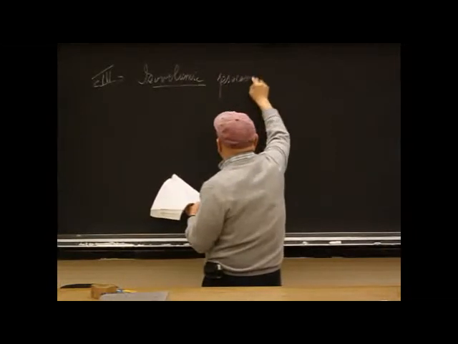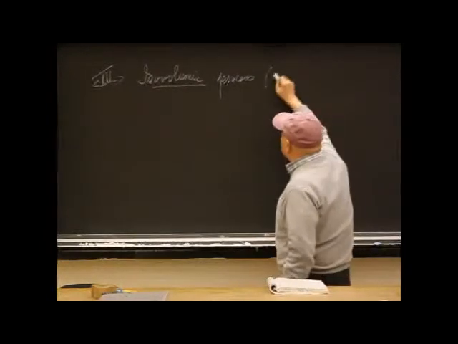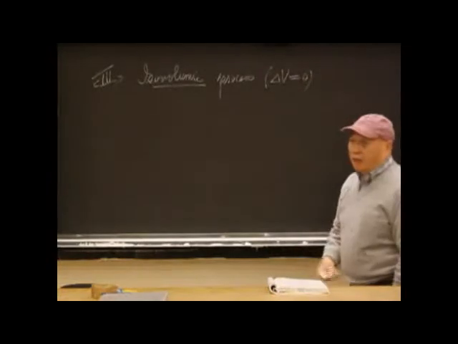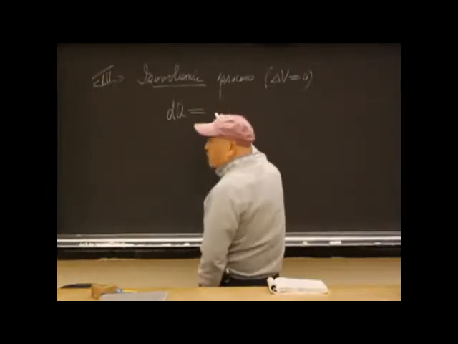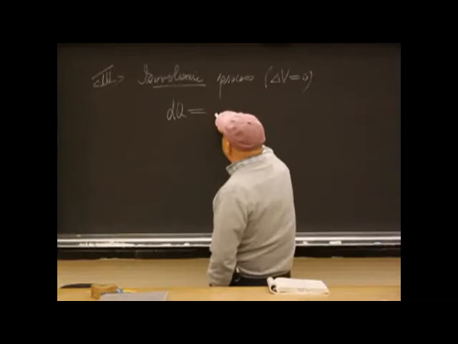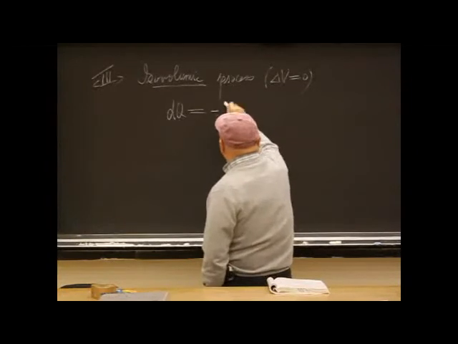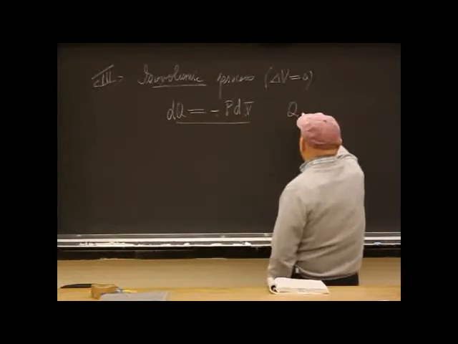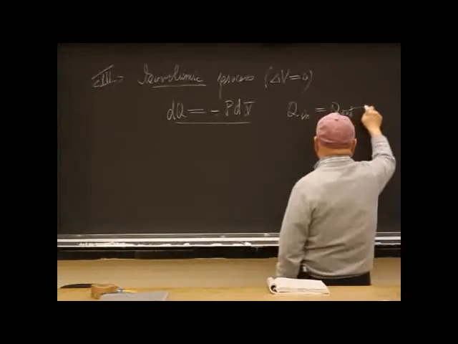That means no change in volume, so delta V is equal to 0. dQ is equal to minus PdV, or Q in equals Q out plus work.